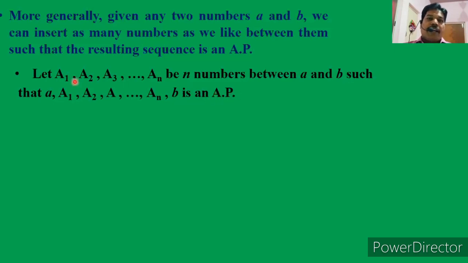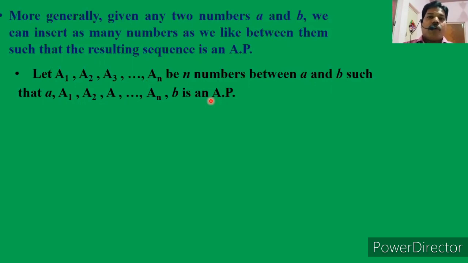So we are taking n numbers between the two numbers a and b such that the resulting sequence is an AP. We have inserted the n arithmetic means.